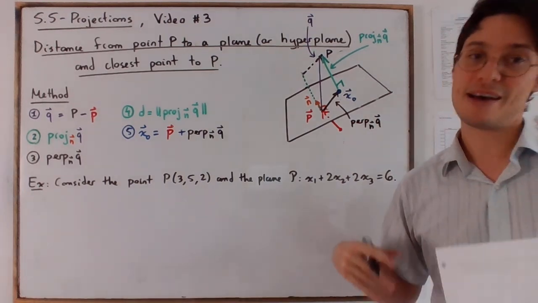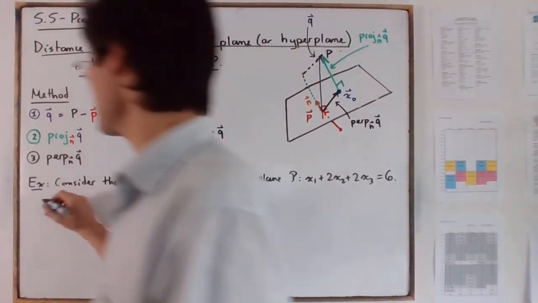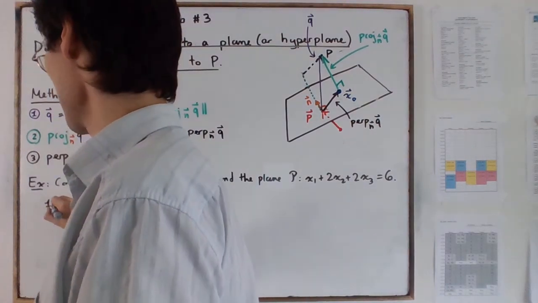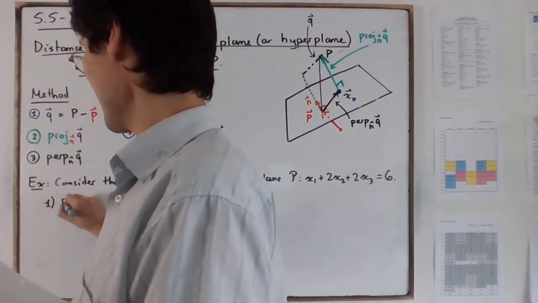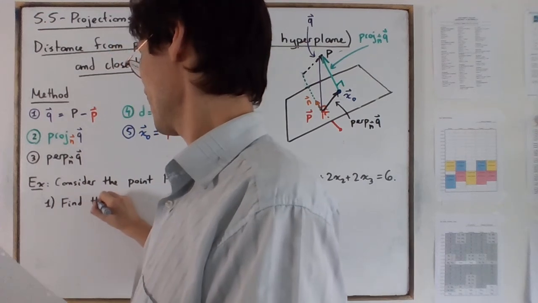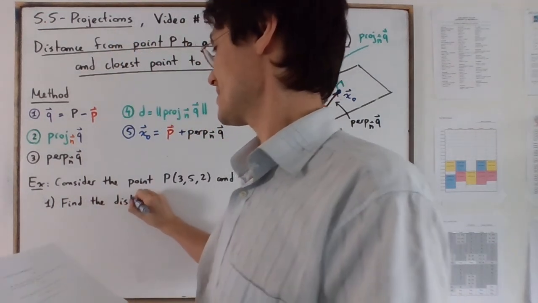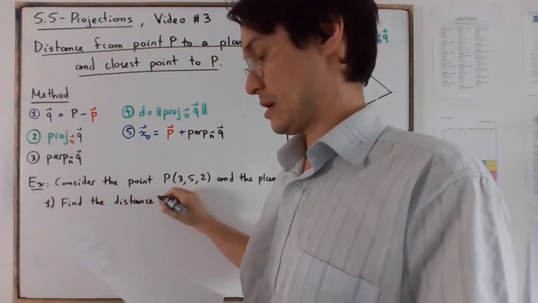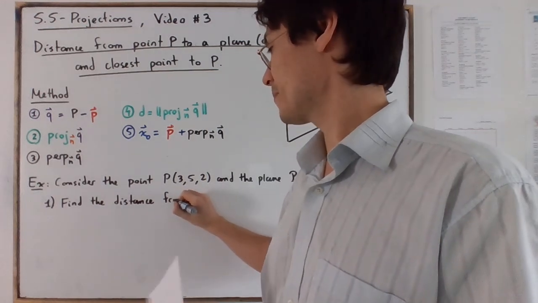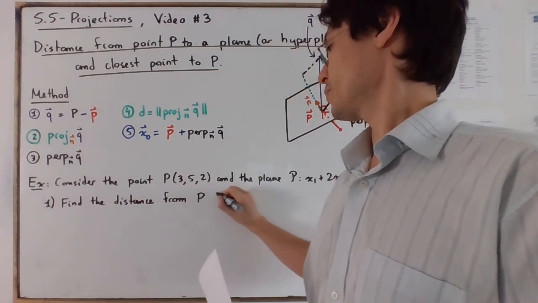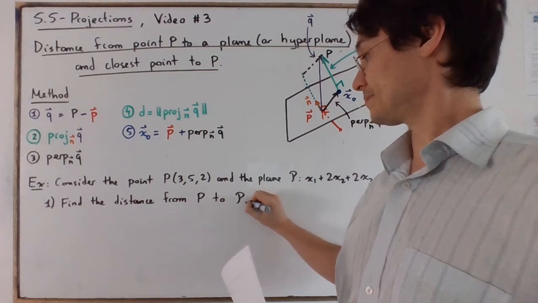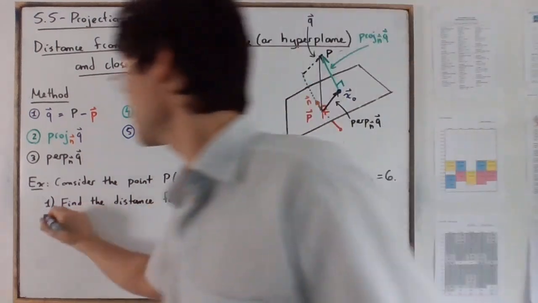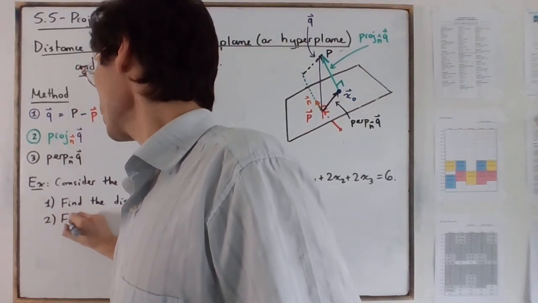And we're going to ask the same questions as before. First, find the distance from P to the plane. And number two, find the closest point.